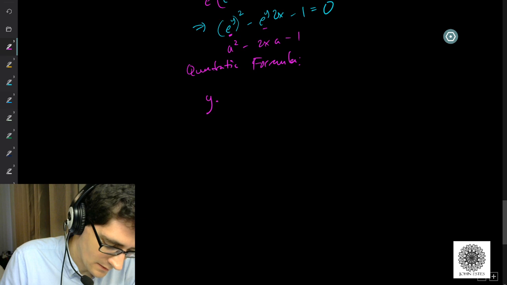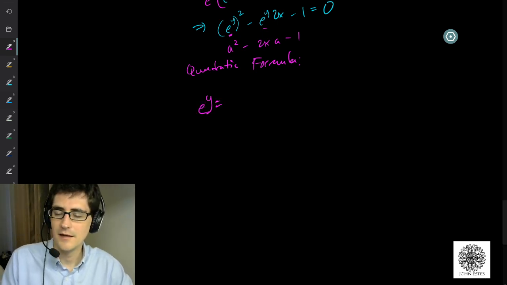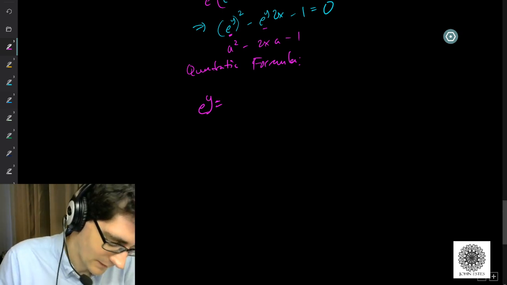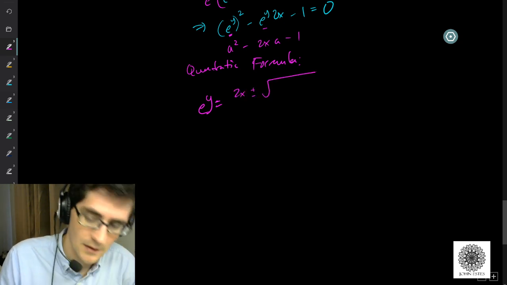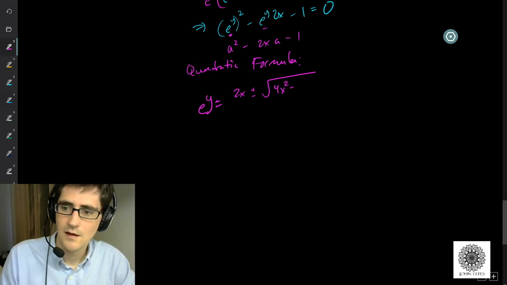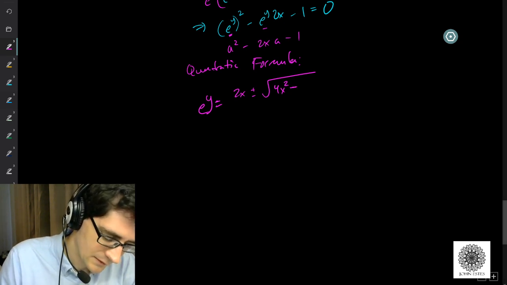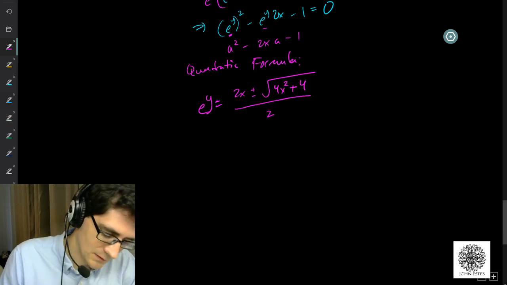So I get e to the y equals, according to the quadratic formula, negative b plus or minus the square root of b squared minus 4ac, all over 2a. Negative b is going to be 2x, plus or minus the square root of b squared, which is 4x squared, minus 4ac, which in this case is 4 times 1 times negative 1, so I end up with plus 4, all over 2 times a, which is 2.